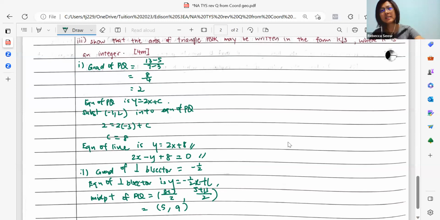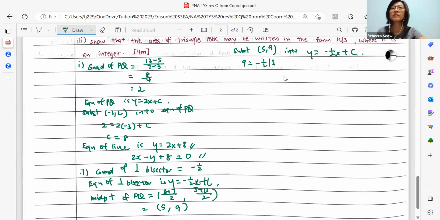We sub this in. So we sub 5,9 into y equals to -½ x plus c. Okay, so c is equals to 23 out of 2.